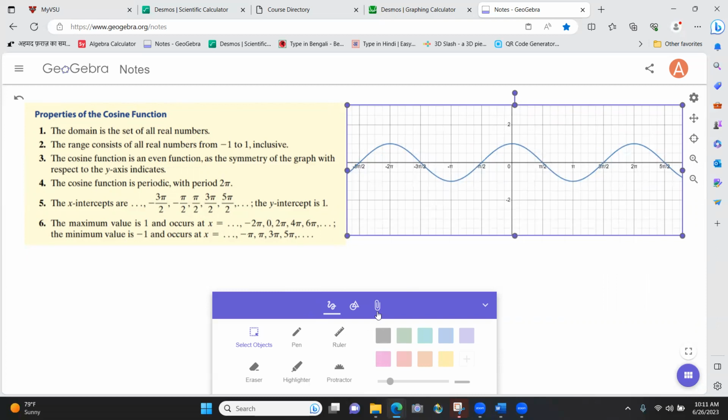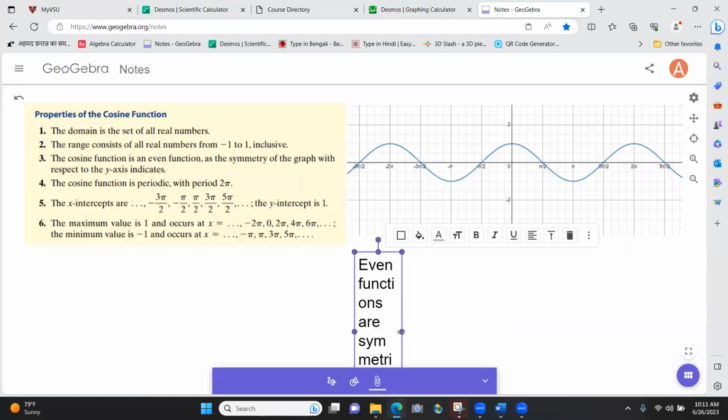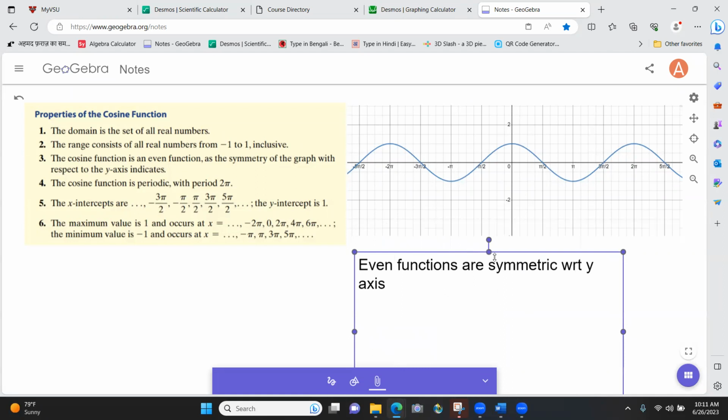Okay, so let's write it down. This is even. What's an even function? Even functions are symmetric with regard to the y-axis. What does that mean? This is relatively easy to see.